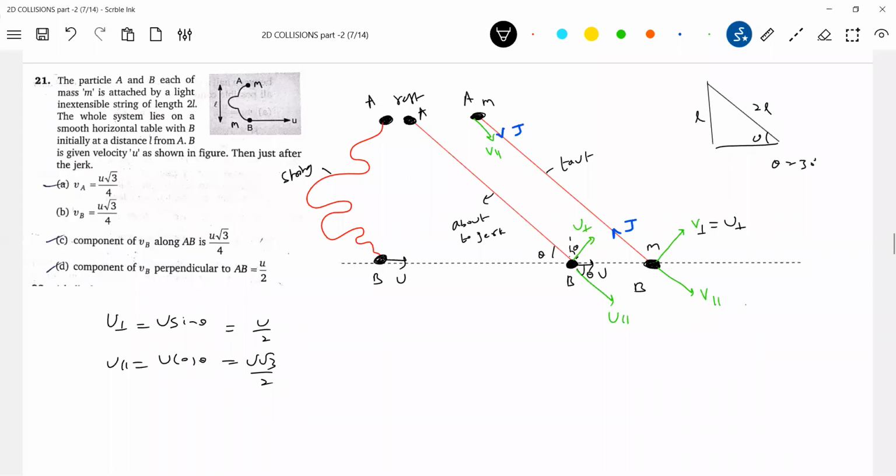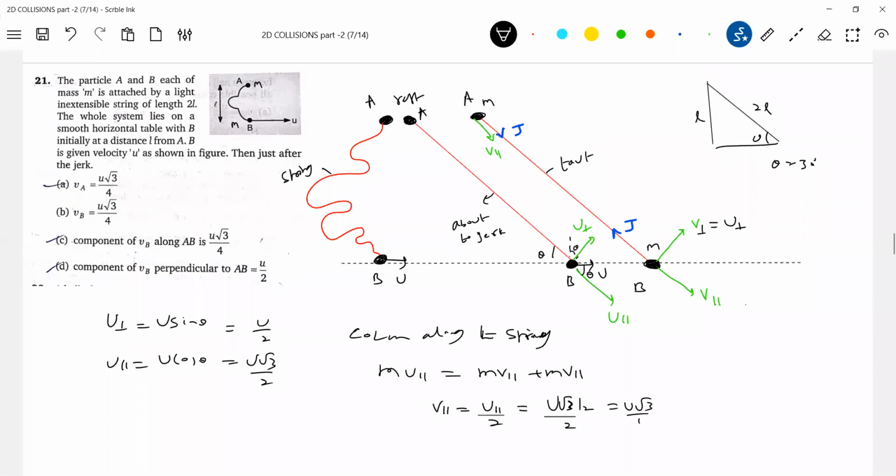Applying conservation of linear momentum along the string: initial momentum m u parallel, final momentum m V parallel plus m V parallel. So what is V parallel? U parallel by 2. U parallel is u root 3 by 2, by 2, so u root 3 by 4. And this should be equal to u by 2.